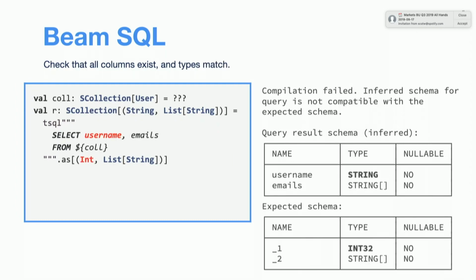Or if you use, let's say, username that is a string, and instead you specify as a return type that you expect integers, it would also tell you that it cannot cast it, it's not compatible, and you can fix it. This is very powerful because it allows data engineers to spend less time, and also some things are nice in SQL, and the things that are not nice we would write in Scala.